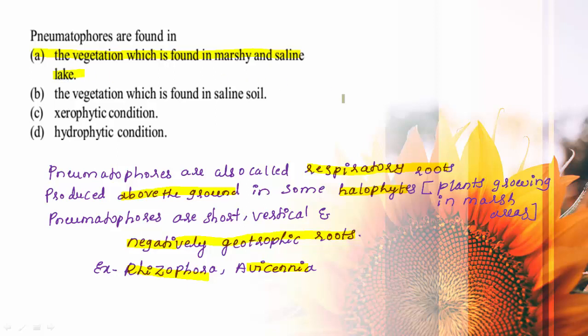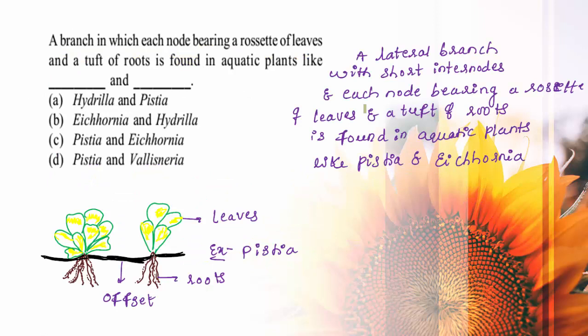If the salt content of the water is high, in such areas the growing plants are called halophytes, and in halophytes, for the purpose of respiration, the special roots are present. They are called nematophores. So moving to the next question.